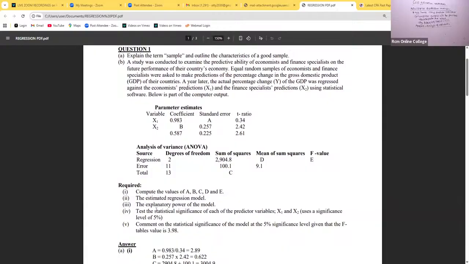Number 3, we test the explanatory power of the model. Number 4, test the statistical significance of each of the predictor variables, x1 and x2, at a significance level of 5%. Then comment on the statistical significance of the model as a whole at 5% significance level, given that the F table's value is 3.98.